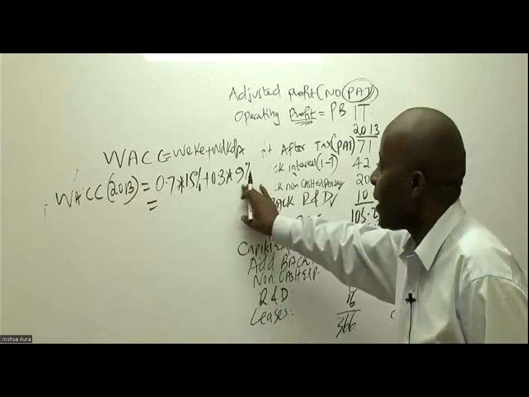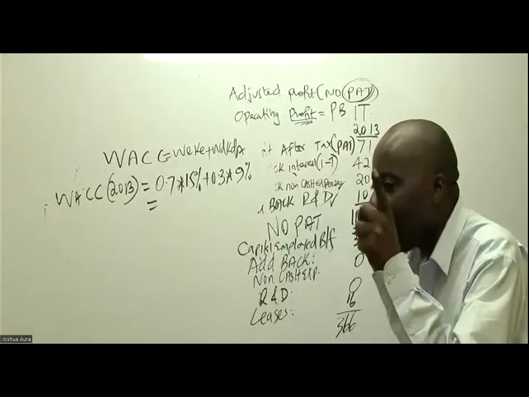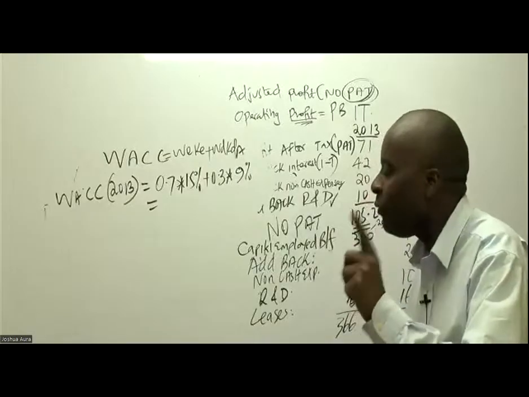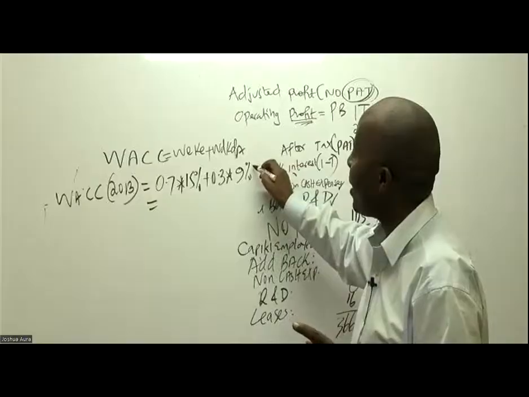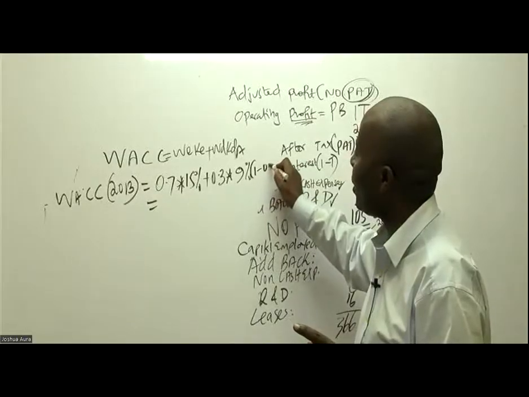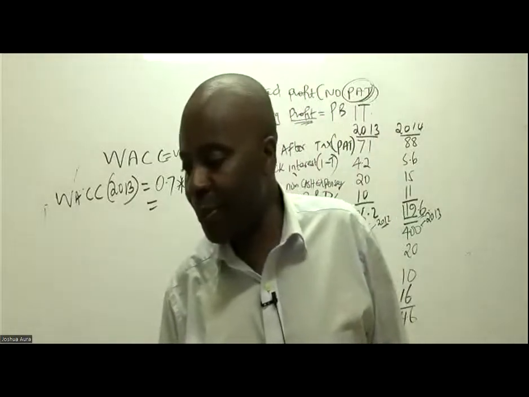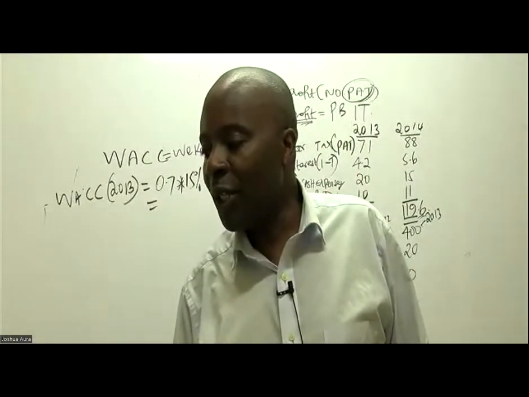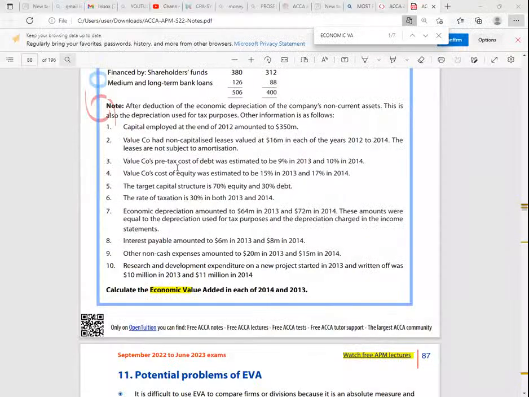No. This 9% is before tax. It must be adjusted for taxation. So you must come and multiply this with 1 minus tax of 0.3. They told us, ladies and gentlemen, in this question that 9% is pre-tax, the pre-tax cost of debt.